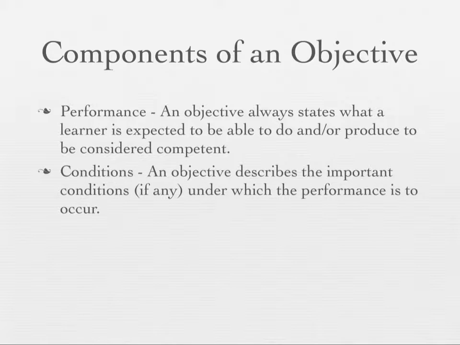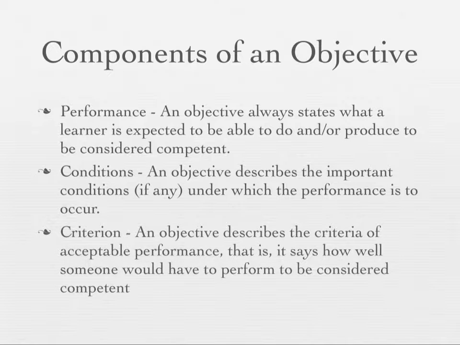We also describe the conditions under which the performance occurs. And finally, the criterion, or what is the level of mastery described by an objective in terms of the criteria for acceptable performance. That is, criterion specifies how well someone would have to perform in order to be considered as competent.